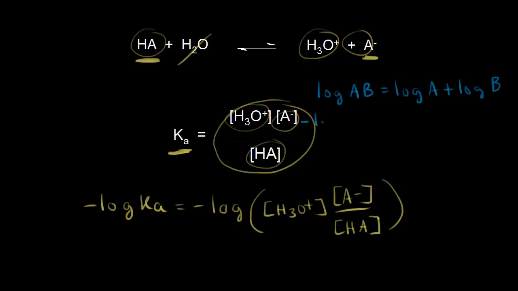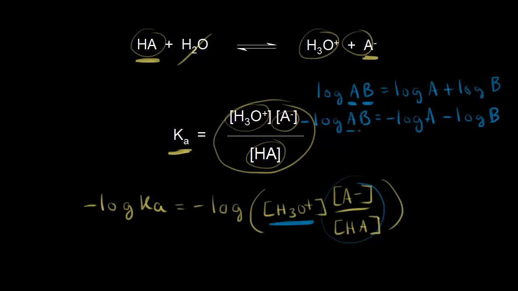So the negative log of AB is equal to the negative log of A plus the negative log of B. And in this case, the concentration of H3O+ would be A, and this over here would be B.